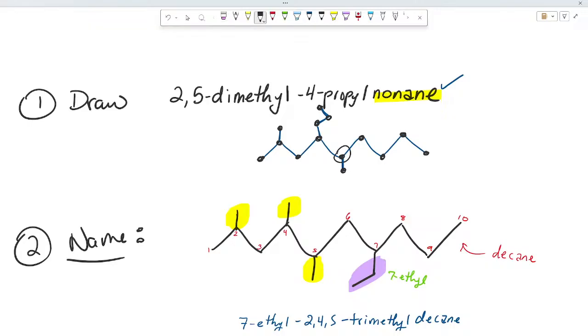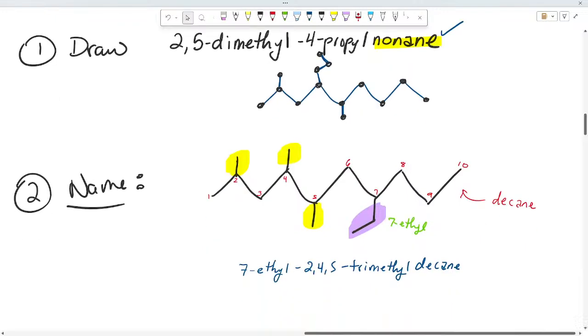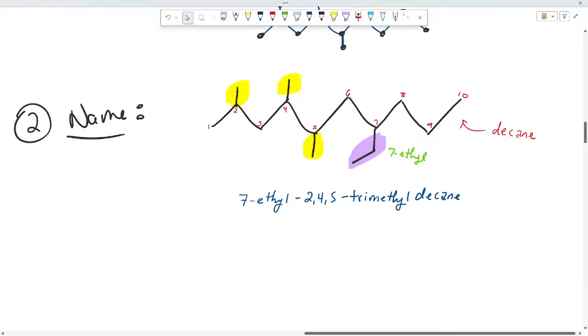What about here? 1. Good. What about here? I think we get the idea. 3 is correct. Exactly right, because a dimethyl or a trimethyl doesn't necessarily come off the same carbon. It doesn't necessarily come off a different carbon, so we need to be very specific.